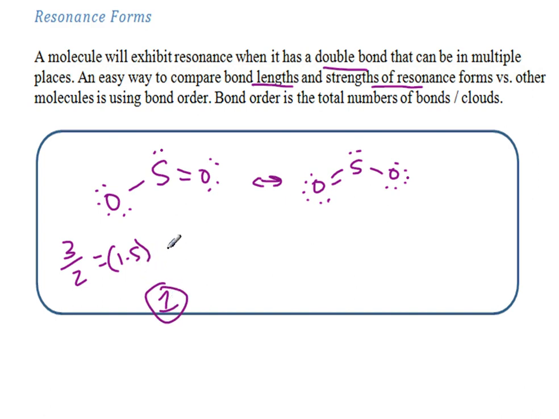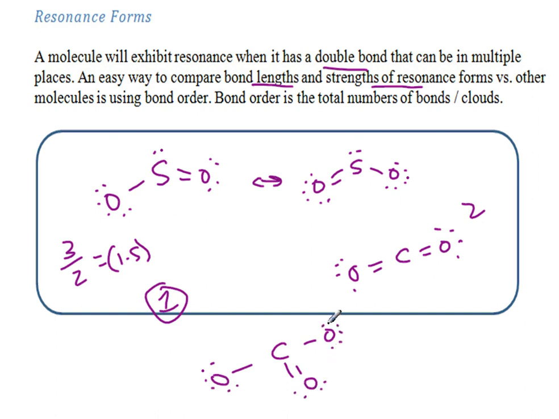They'll ask you a lot of times on the AP exam to compare carbon dioxide. Here you have carbon dioxide. The bond order of carbon dioxide is 2, because it's 4 total bonds in 2 clouds, so it's going to be 2. If you compare that to a carbonate ion, let me draw a carbonate ion right here. The carbonate ion has a resonance structure.